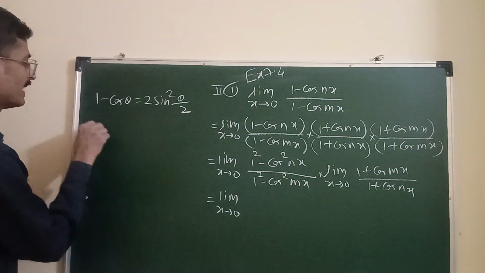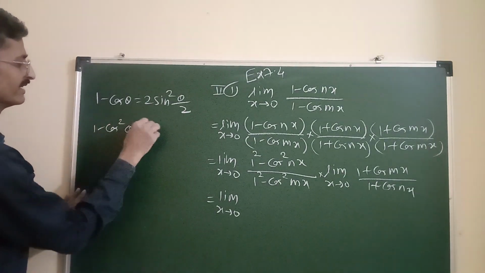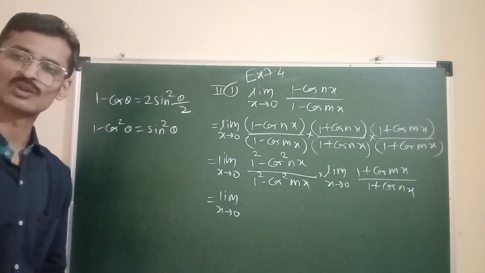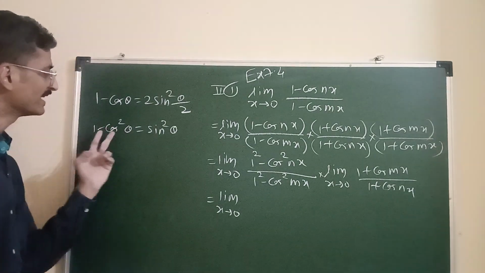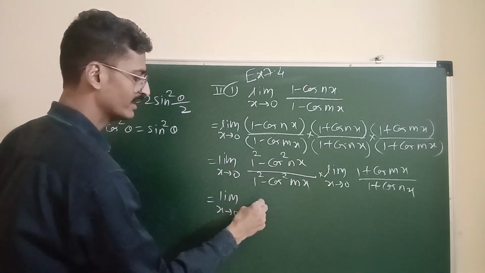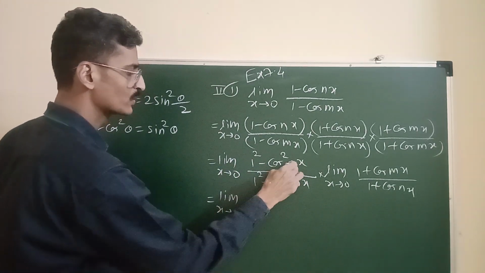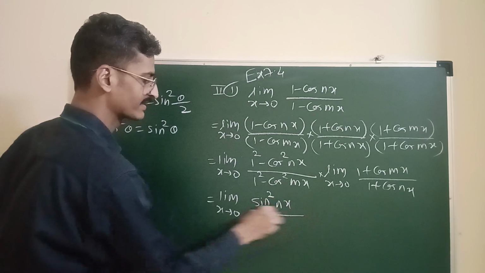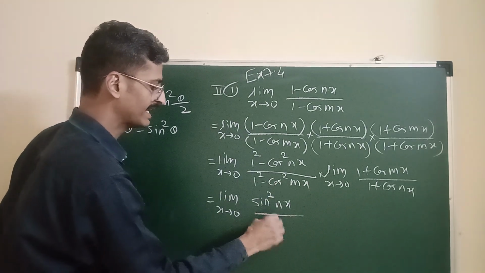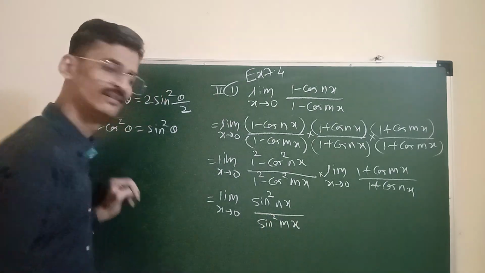Now what is 1 minus cos square theta? We know that is sine square theta, because sine square theta plus cos square theta is 1. So 1 minus cos square of theta, that is nx, we can write as sine square of nx. Here also 1 minus cos square of theta, write as sine square of mx.